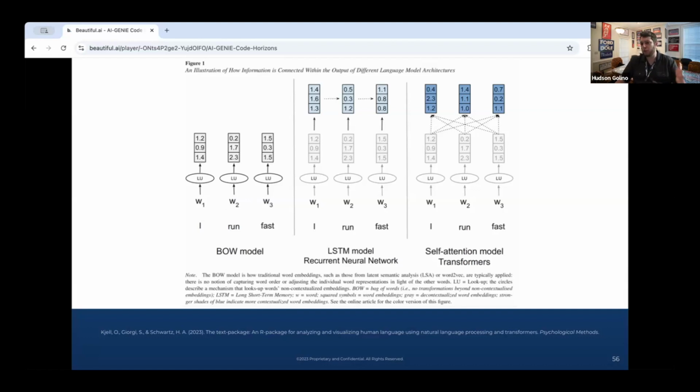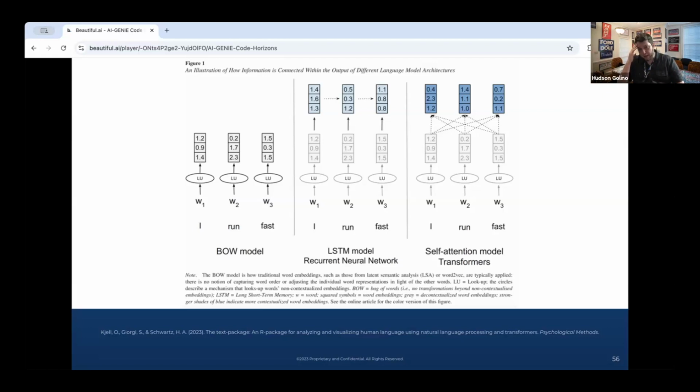That's the traditional bag of words approach. That's what everybody understands when we talk about embeddings. It's just translating words into numbers. But as you can see in this figure, there is no relationship between them. Each word has a specific collection of numbers, and that's it. We can project them in a three-dimensional space, see how closely related they are, and that's it.